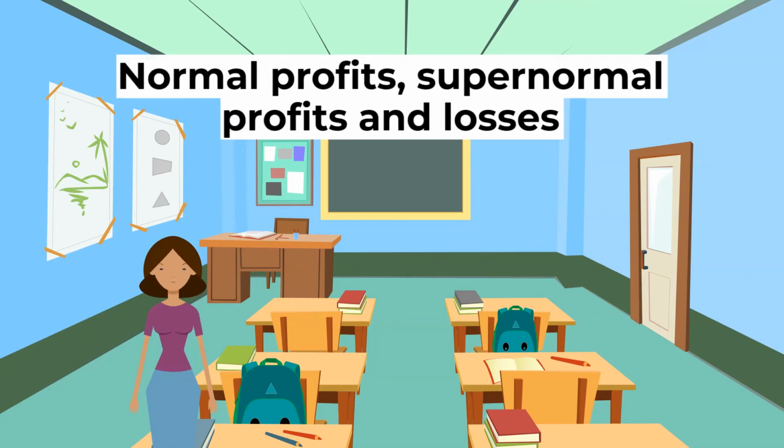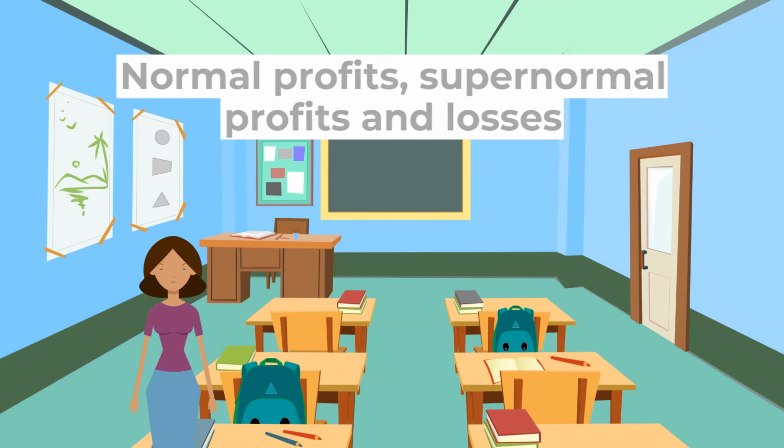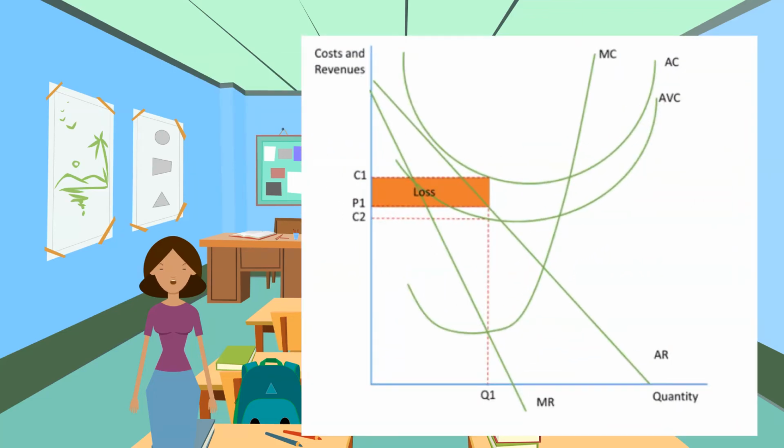That leads us to normal profit, supernormal profit, and losses. Normal profit is the return that is sufficient to keep the factors of production committed to the business. In economics, costs include the level of profit needed to keep the producer in the market and to cover the opportunity cost. Therefore, if the firm covers its costs, it earns a normal profit.